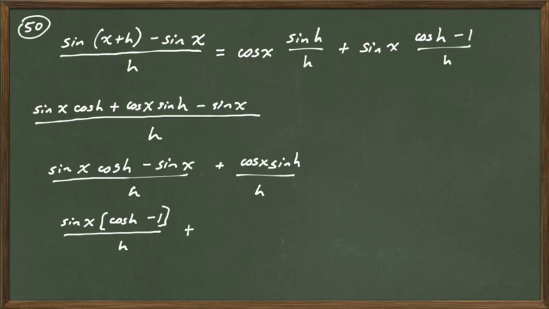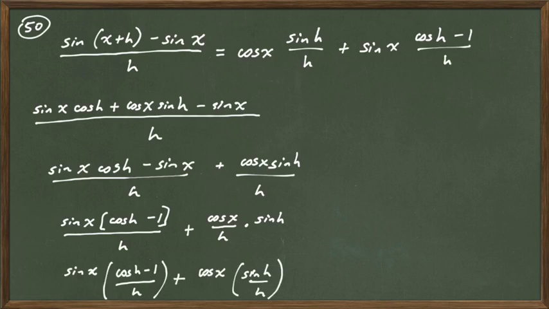And over here I have cosine x over h times sine of h. Now let's see how we can make this match somehow. Yeah, we rearranged it a little bit. I put the sine in front here, put this at the end, and then I took a sine x out of these.